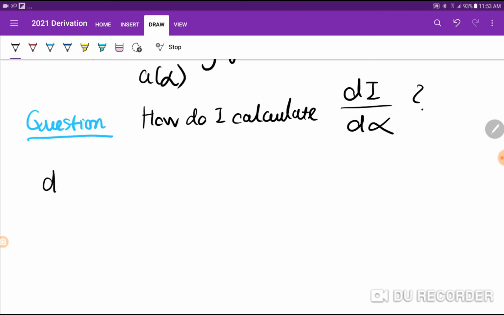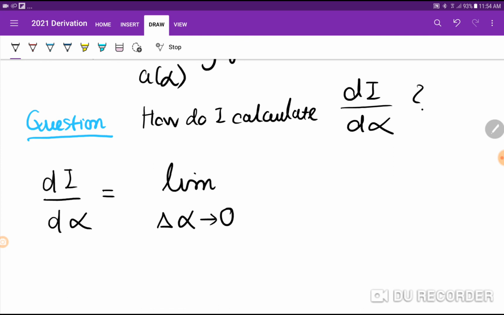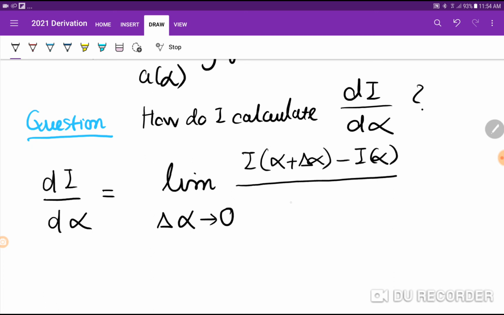So dI/d alpha, right? What does it mean? It means that you take the limit as delta alpha goes to 0 of [I(alpha plus delta alpha) minus I(alpha)] over delta alpha.